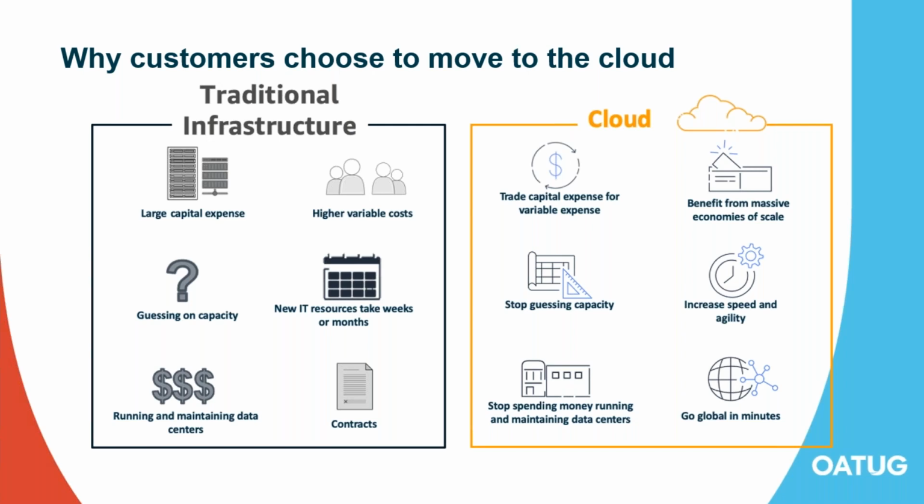Also, if you're a global company, you can go global in absolute minutes. So there are a lot of advantages to going to the cloud, and a lot of customers are being told to move everything to the cloud. And then, of course, you have the applications that are stuck sitting on some of these legacy workloads.